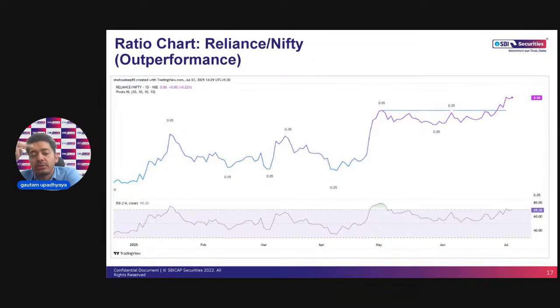Even though two asset classes or two stocks may be moving in the same direction, still the ratio chart gives you the outperformance, indicating कि कौन सा उसमें भी better perform कर रहा है. So that is a very useful method to analyze the chart. तो भले ही previous chart में दोनों Nifty और Reliance ऊपर के direction में जा रहे थे, उसमें भी Reliance का speed और percentage change was much larger compared to Nifty, and that's why we have the current ratio chart जिसमें clean breakout है, and the stock is expected to continue the momentum on the positive side.